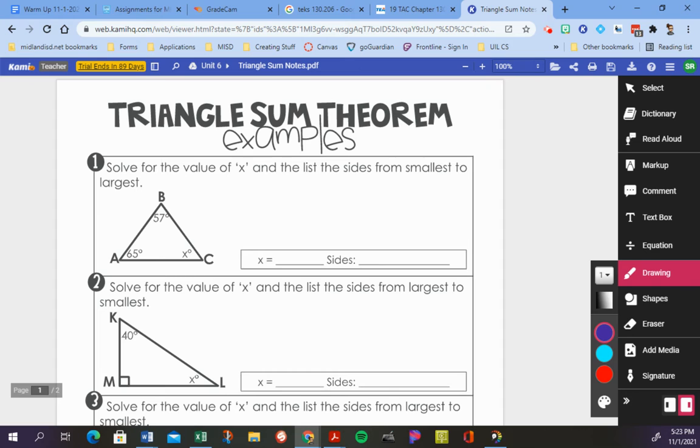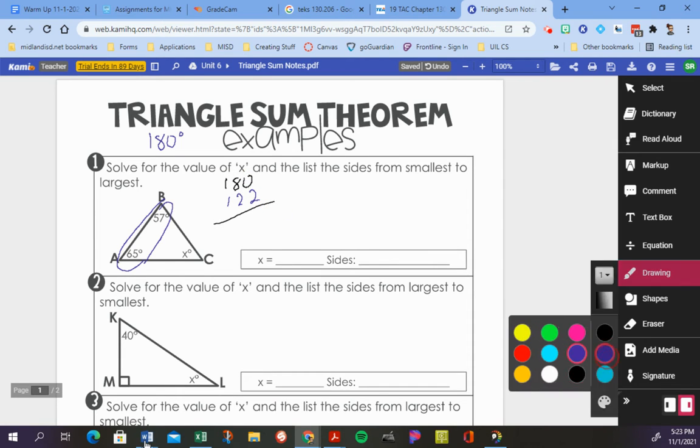Remember that triangles have 180 degrees on the inside. So the first one, if I add these two angles up, 65 and 57, that's 122, and I subtract it from 180.